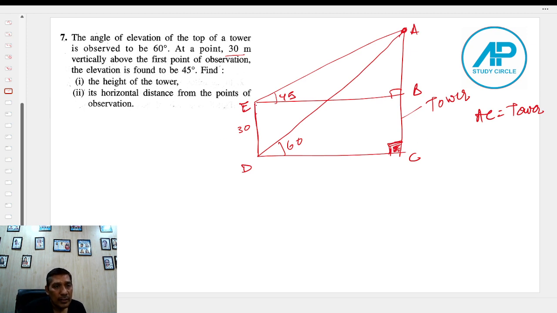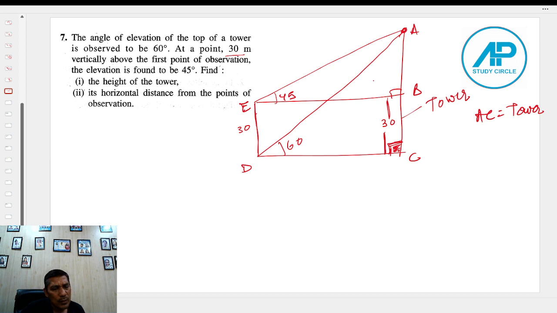And you have this value D as 30, that D is equal to BC, and this is 30 here also. So D is 30 and BC is 30. You have to find the value of AB.